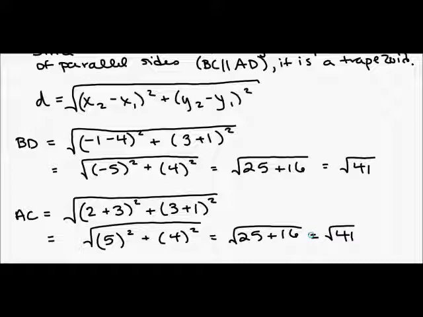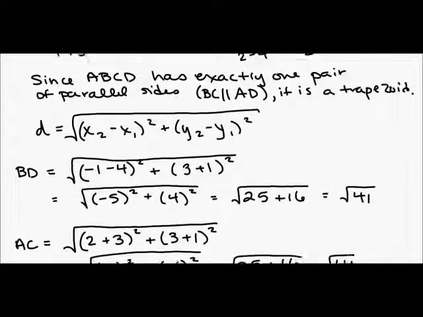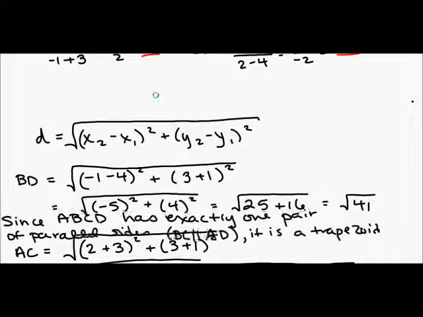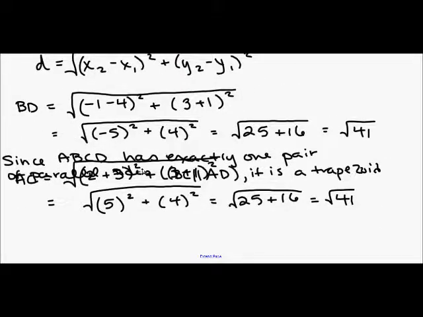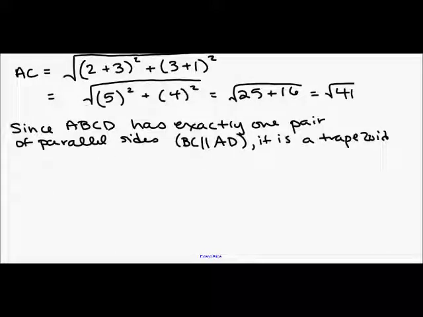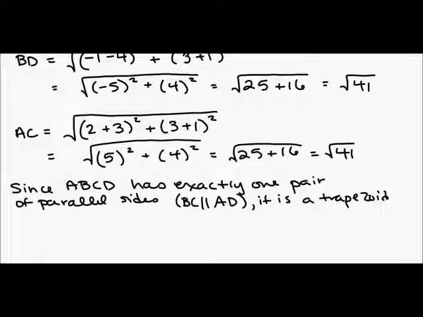Okay, excellent. So I'm going to bring my first part of my conclusion down and extend it with the information I just found. So the diagonals are the same, which means that this is an isosceles trapezoid.